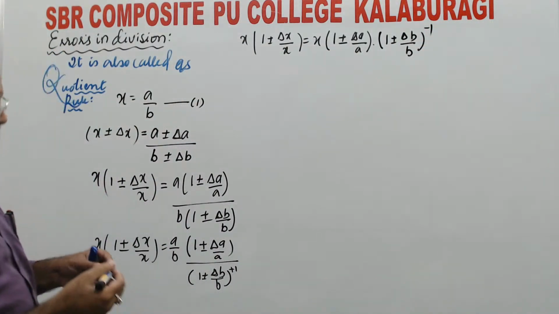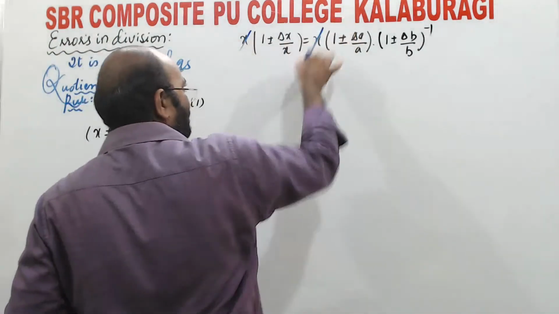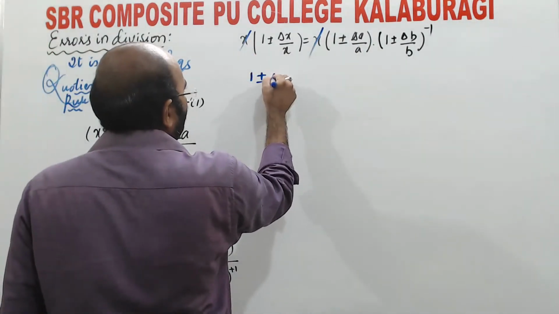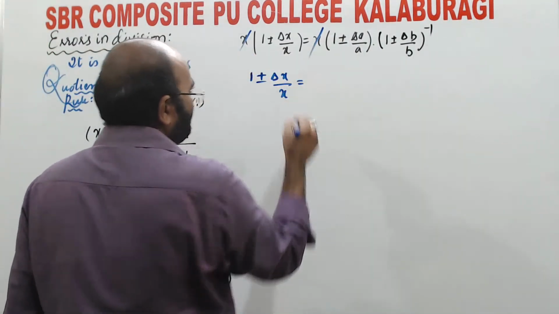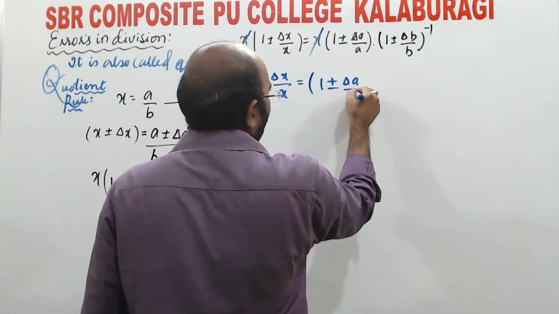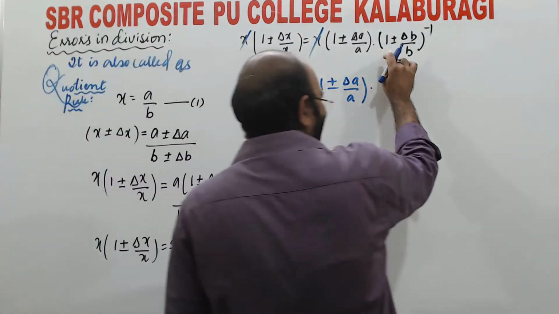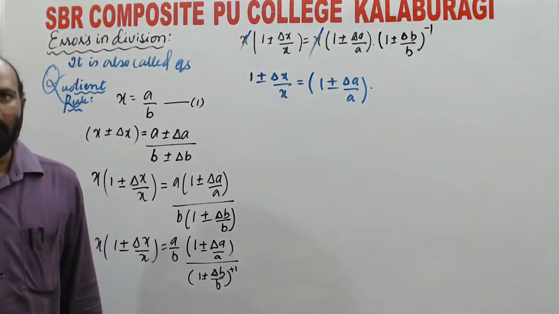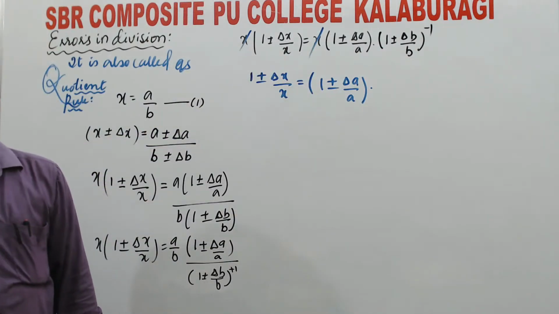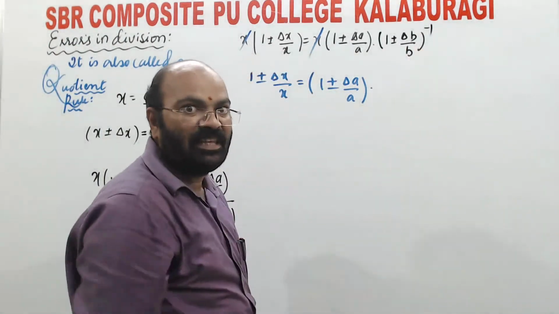Then from LHS and RHS, the similar terms: there is an x, and this x and this x will be cancelled. The next one, 1 plus or minus delta x by x, equals 1 plus or minus delta a by a into 1 plus x whole to the power n, which resembles the binomial theorem.